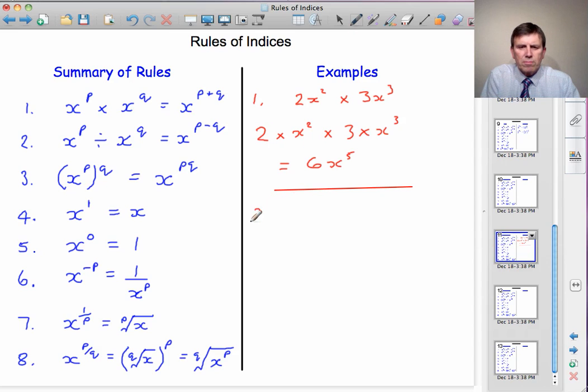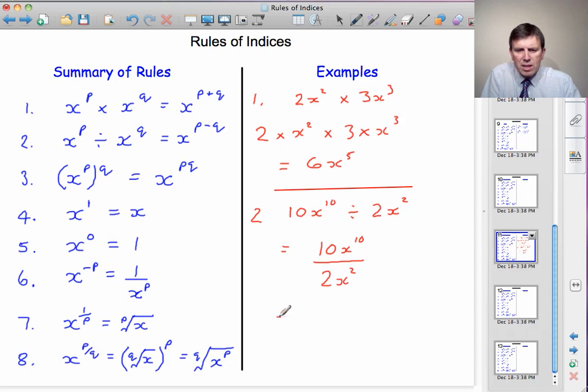Example 2. 10x to the power 10 divided by 2x squared. Well, this can be written as 10x to the 10 over 2x squared.